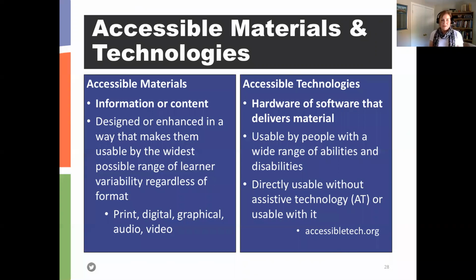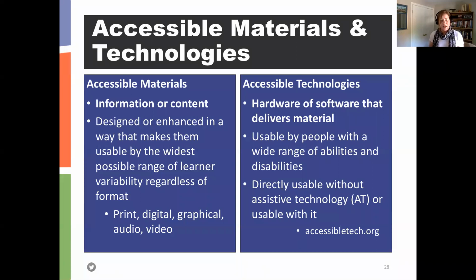And it's accessible when it's designed or enhanced in a way that makes it usable by the widest possible range of learner variability, regardless of the format. So whether it's in print, digital, graphical, audio, video, all of that can be made accessible for students with disabilities. And of course, I think most people here know that there are some significant considerations that need to be made in the design of the material from the start to avoid retrofitting, but all of those can be made accessible.